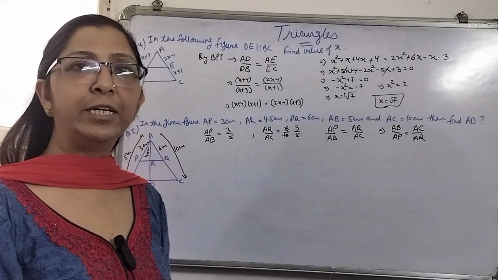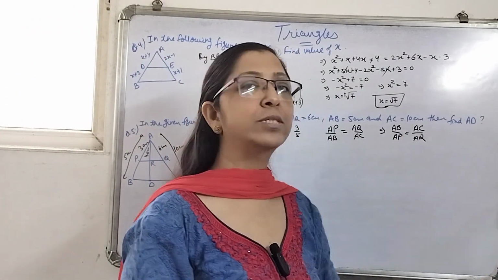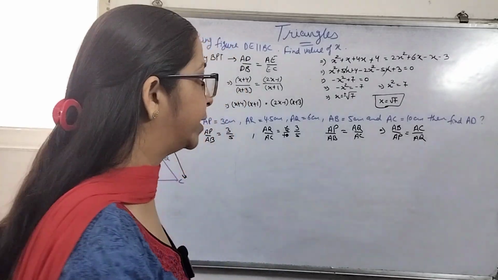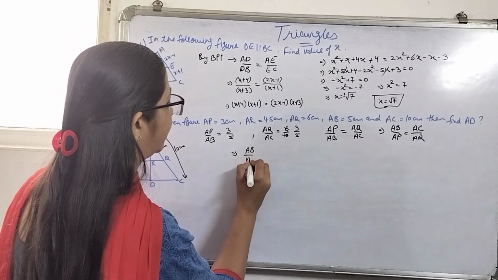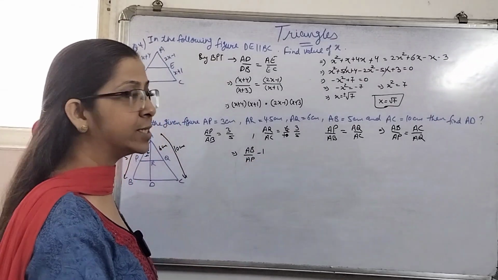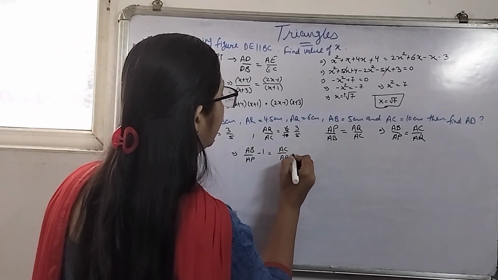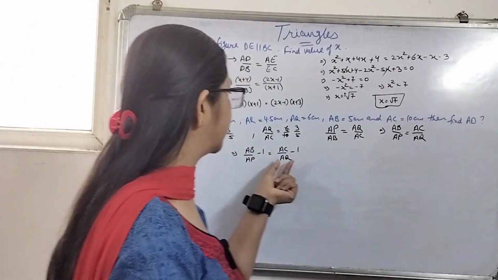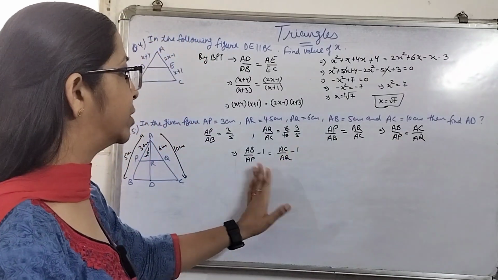Both of them will be equal. And if in any equation we subtract any fixed number from both sides, their value won't change. So we subtract 1 from the LHS, AB over AP minus 1, and similarly AC over AQ minus 1 from the RHS. It will remain the same because we are subtracting the same number from both sides.